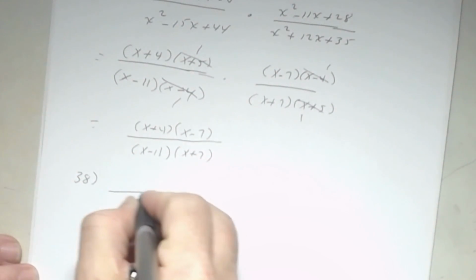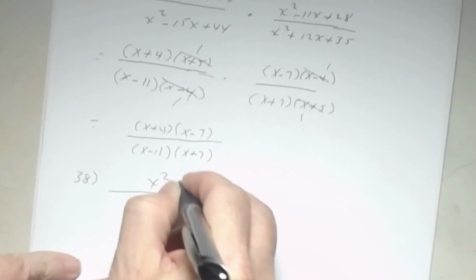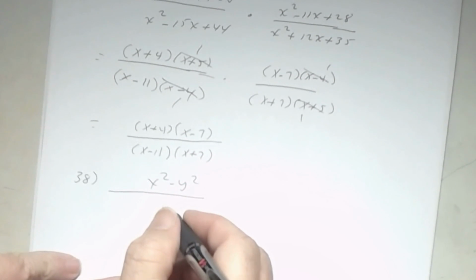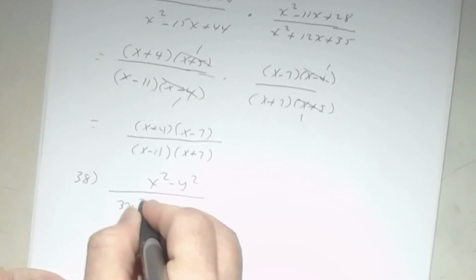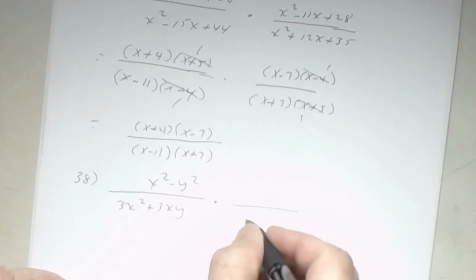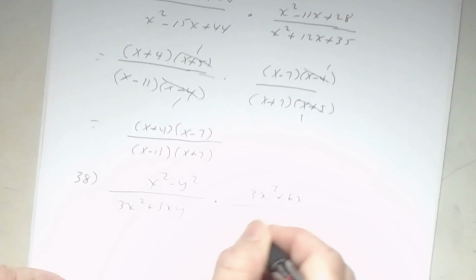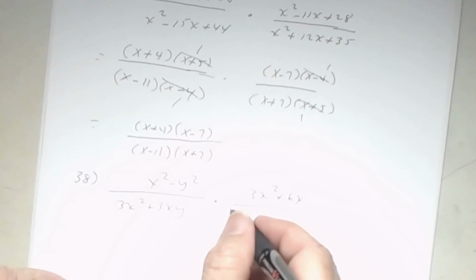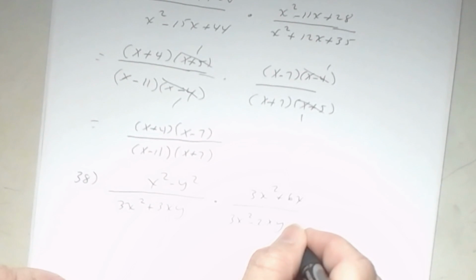38. All right, 38. You have x squared minus y squared divided by 3x squared plus 3xy, times, and then the second rational expression is 3x squared plus 6x divided by, and then the denominator is 3x squared minus 2xy minus y squared.